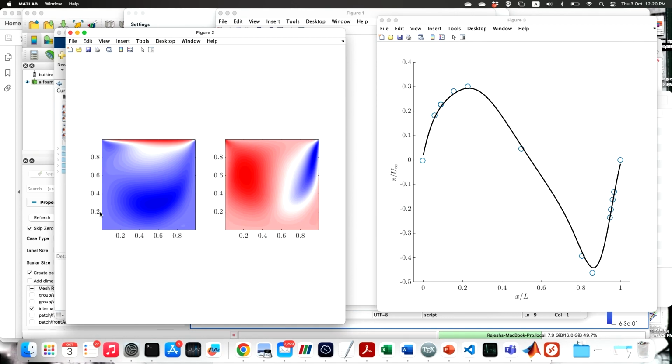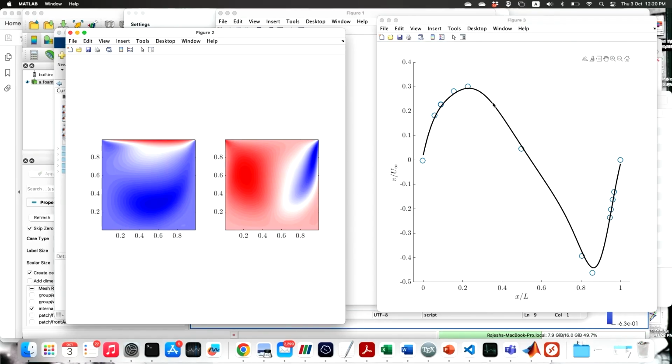The left one that you see is a qualitative plot, to check that it makes sense. Whenever you do a simulation, you first have to qualitatively see whether things are making sense: when my top lid is moving, whether the flow that I am expecting because of the movement is coming or not.